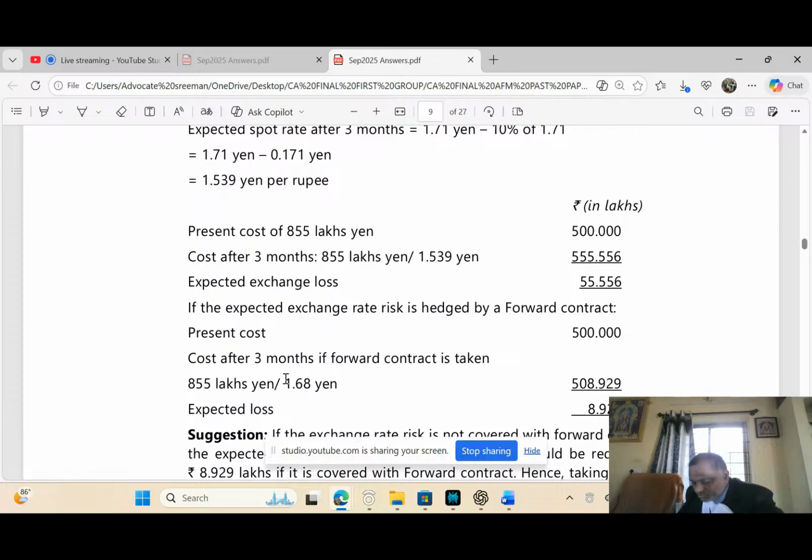Now, the expected exchange loss is equal to 55.556 lakhs.